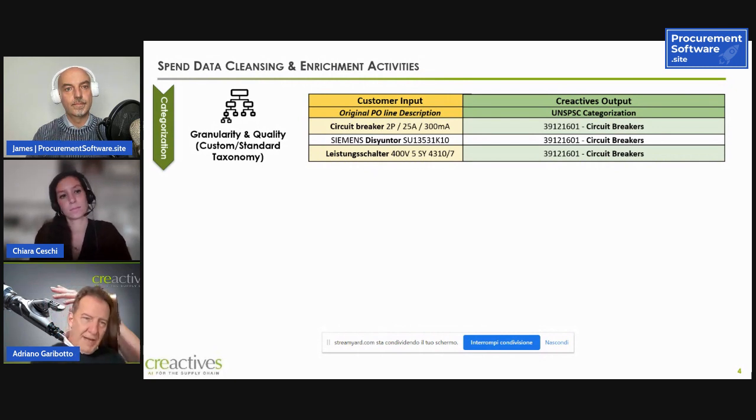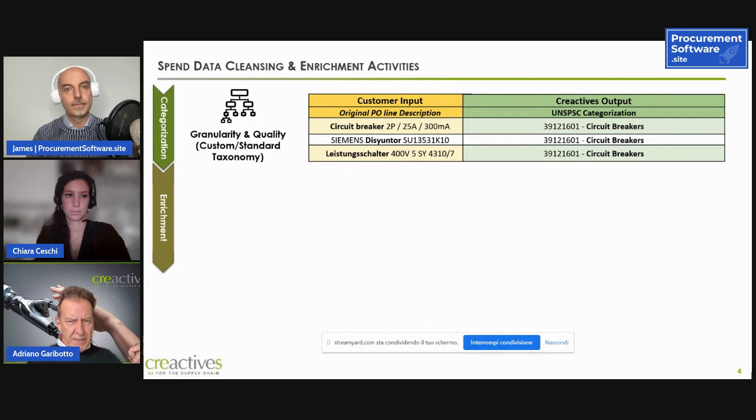Another element that completes the need to enhance the quality of the data is the enrichment, exploiting information that today you are not able to use. For example, you can have in your descriptions very valuable information that artificial intelligence can capture and extract, and can use later on to make aggregations and comparisons.